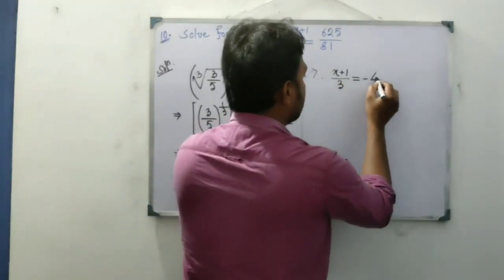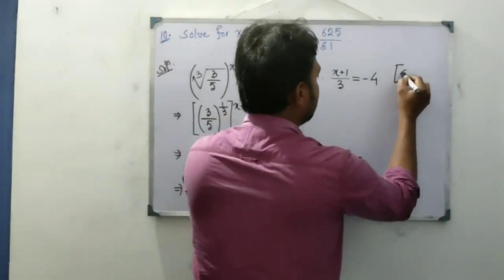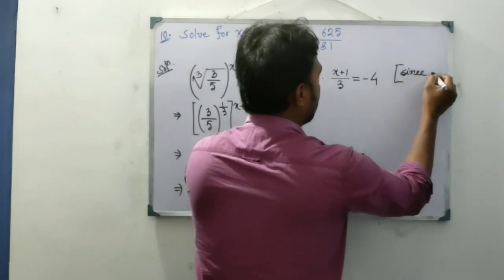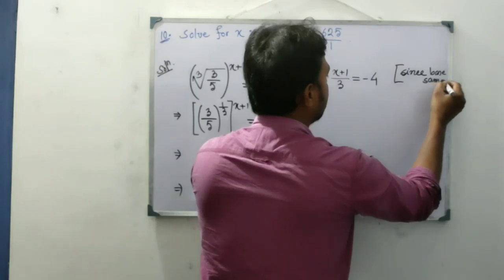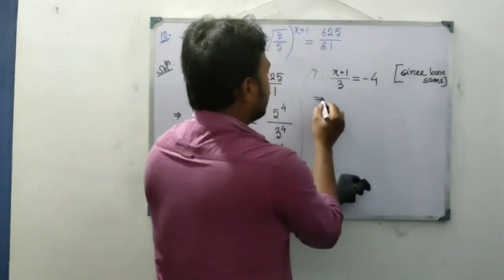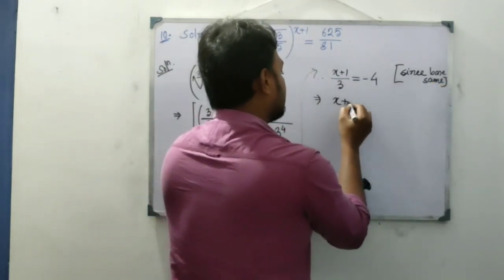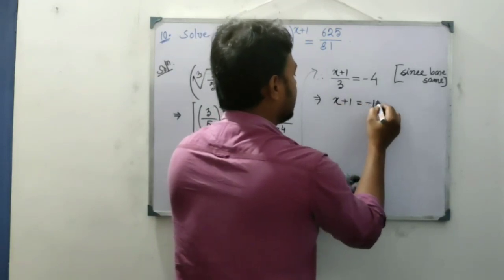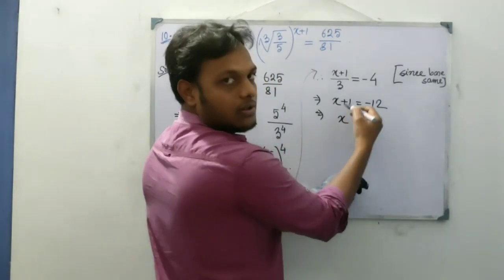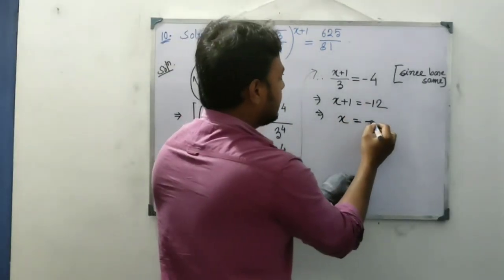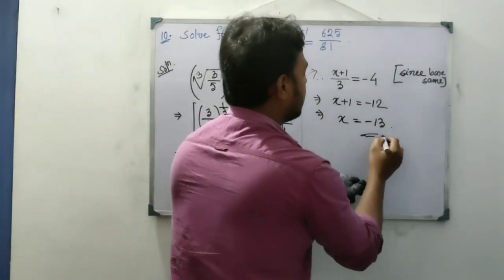What is the reason? Since the bases are the same. Now solve for x. Multiply both sides by 3: 3 times minus 4 is minus 12. Therefore x equals, moving the plus 1 to the other side, minus 13. This completes the solution.